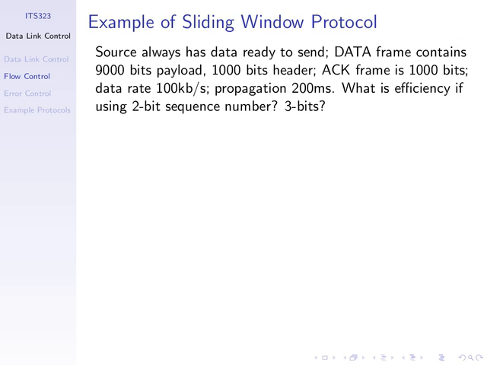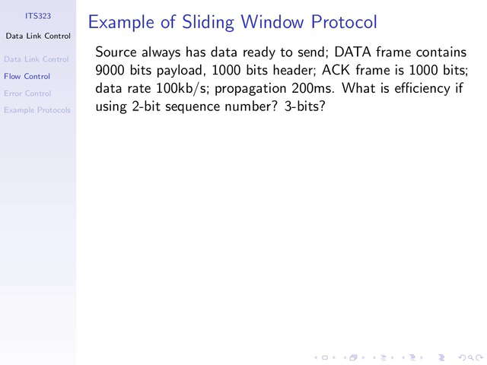We have a data frame which contains 10,000 bits. Just to keep the numbers simple, it has header and data: 9,000 bits of data, 1,000 bit header, total size 10,000 bits.